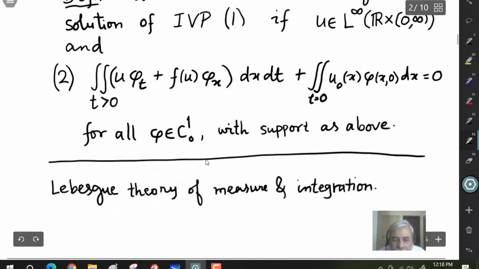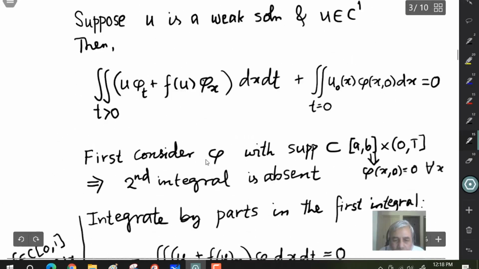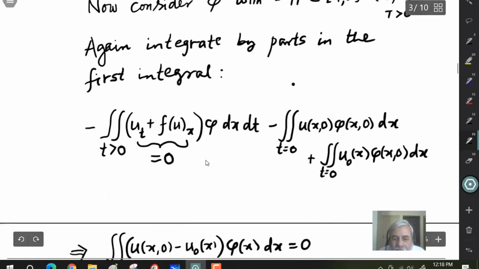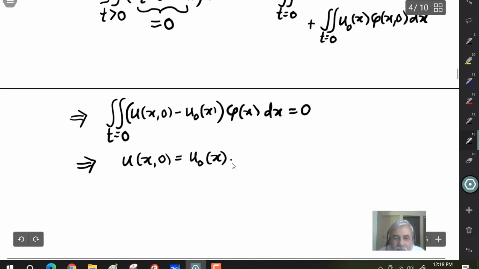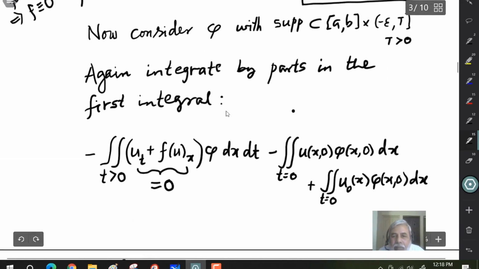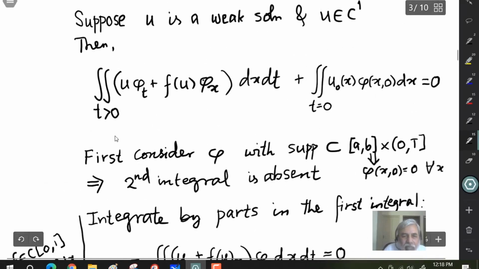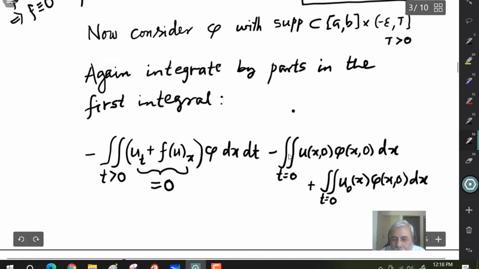So what about the initial condition? That also now easily follows. You take any test function phi and again integrate by parts, and now we get a boundary term. When you integrate by parts in the first integral, we get a boundary term, namely the integral of u(x,0) phi(x,0) dx, and the earlier integral was already shown to be 0.